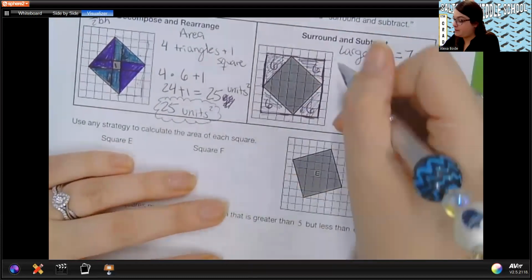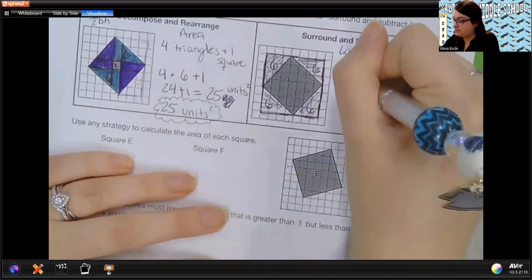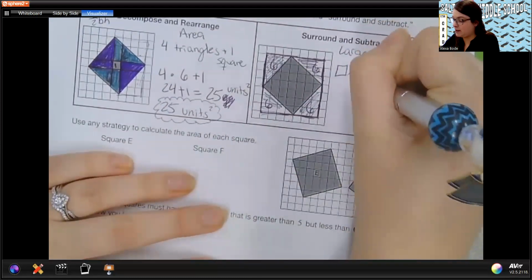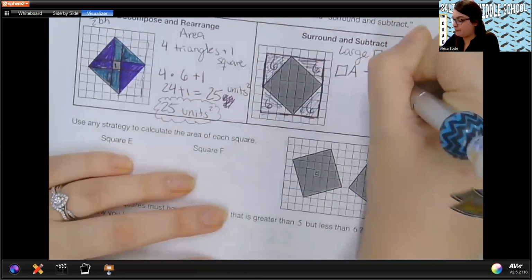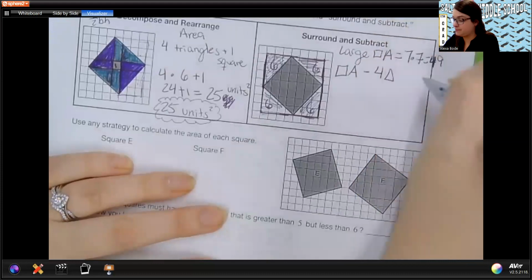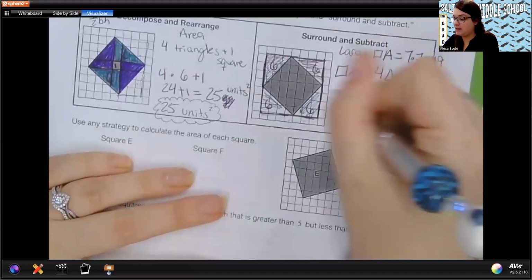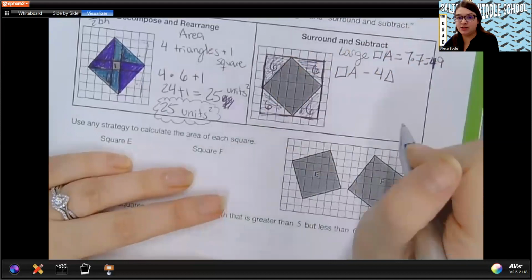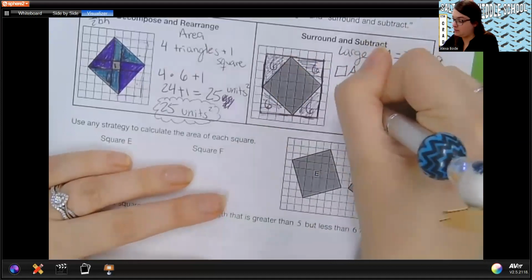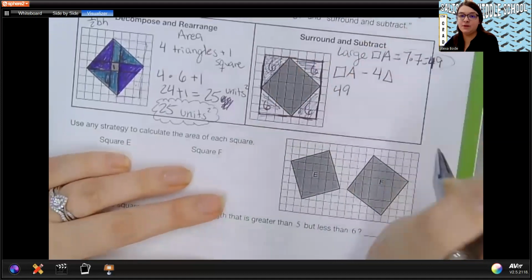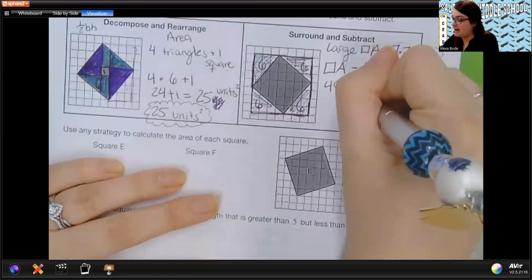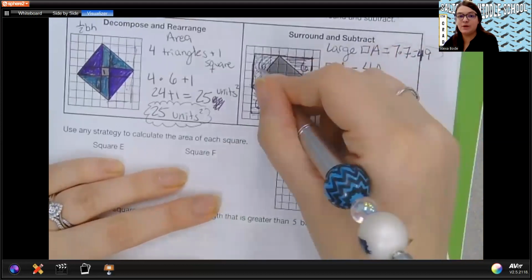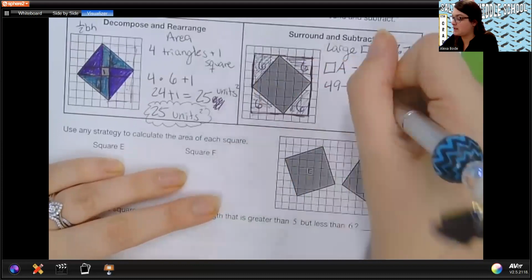So the large square minus the 4 triangles is going to equal the shaded tilted one. So we have 49, because that's the area of the large square, minus 4 times 6, because we have 4 triangles that are 6 each.